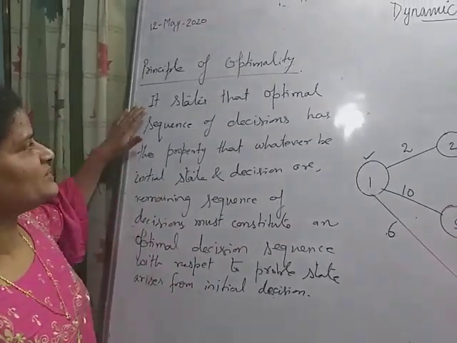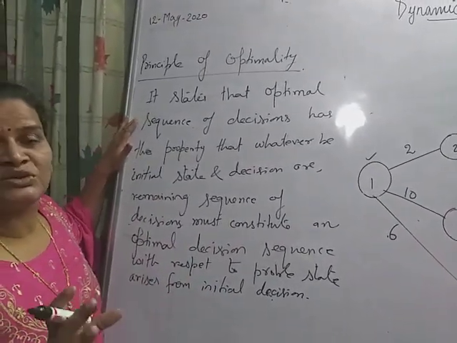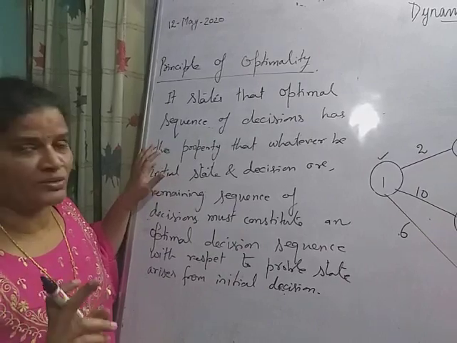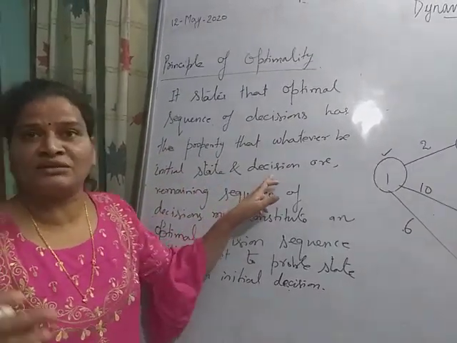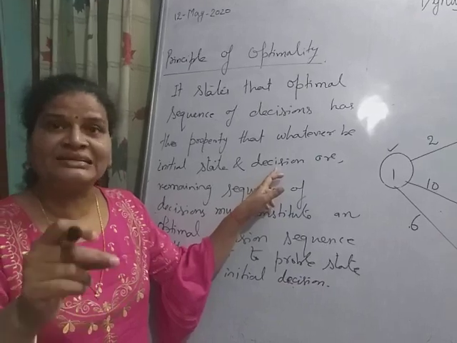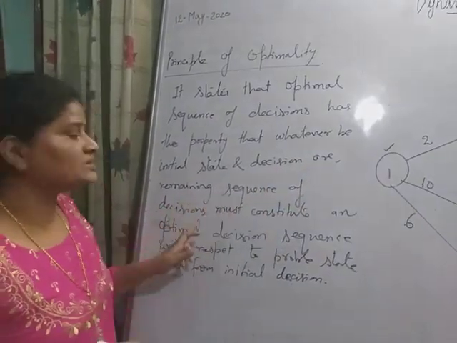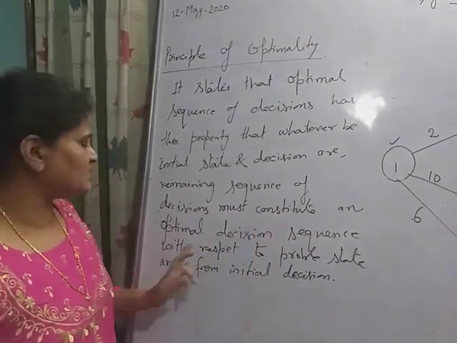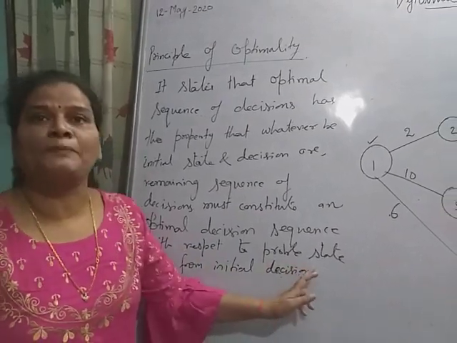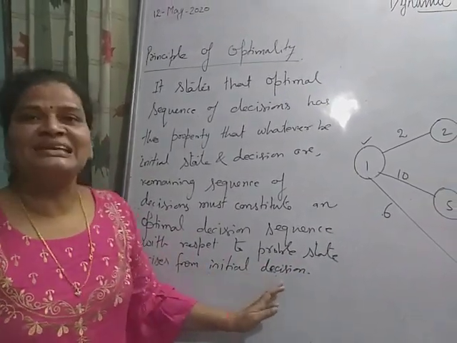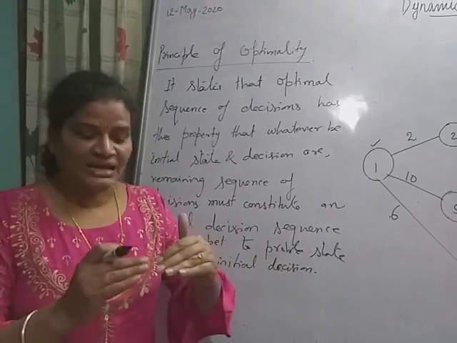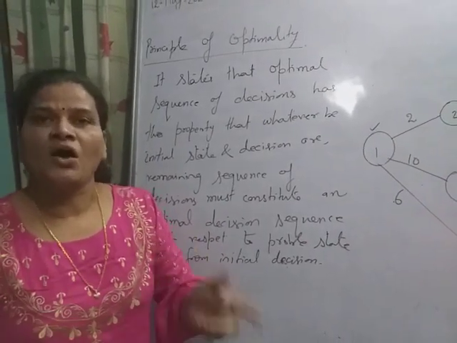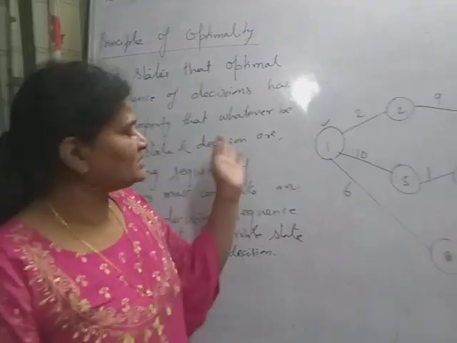Simply it is saying that if I am generating the optimal sequence of decisions, I will take the decision for one object first. Whatever the initial state and the first decision are, the remaining sequence of decisions must constitute an optimal decision sequence with respect to the problem state arising from the initial decision. That means after taking the first decision, the remaining sequence of decisions must lead to the optimal sequence of decisions. Now consider this problem.